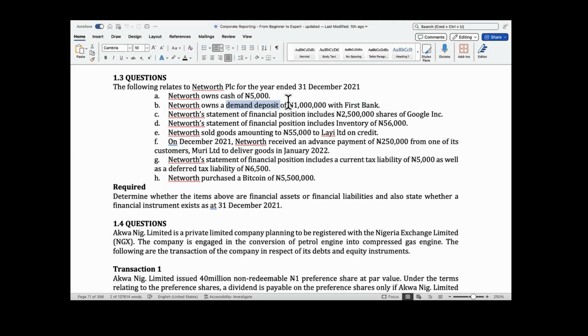Automatically, Networth has a financial asset, because that's a contractual right to receive cash. It will pay him interest, and he will collect his principal at maturity. That is a financial asset.